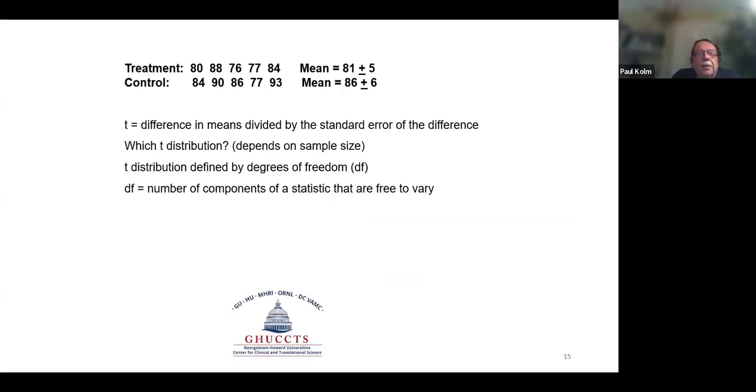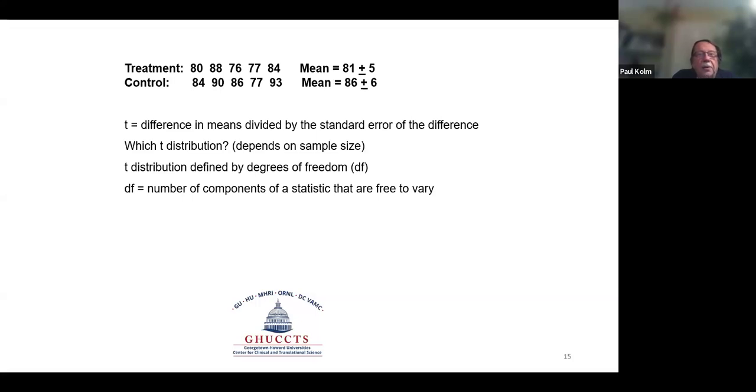So in calculating our test statistic here, which is in this case just going to be a simple t-test, which is the difference in means divided by the standard error of the difference, and then the t-distribution that we use, which looks like a normal distribution, but each t-distribution depends on the sample size.